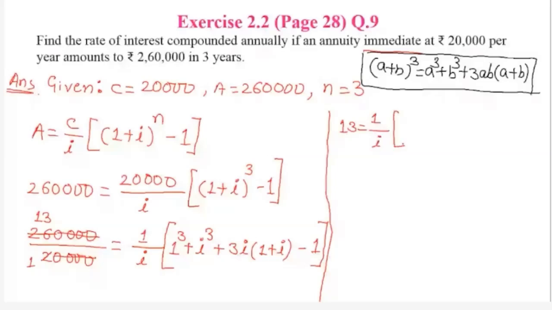Let us see what we get in square bracket. 1 raised to 3 will be 1, plus I raised to 3 will be I raised to 3, plus, let us multiply, 3I multiplied by 1 is 3I, 3I multiplied by I, so plus 3I square, minus 1.